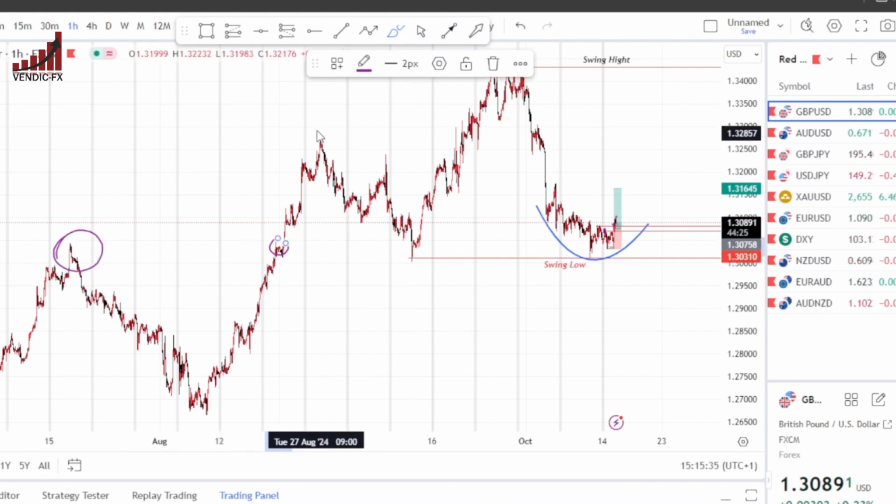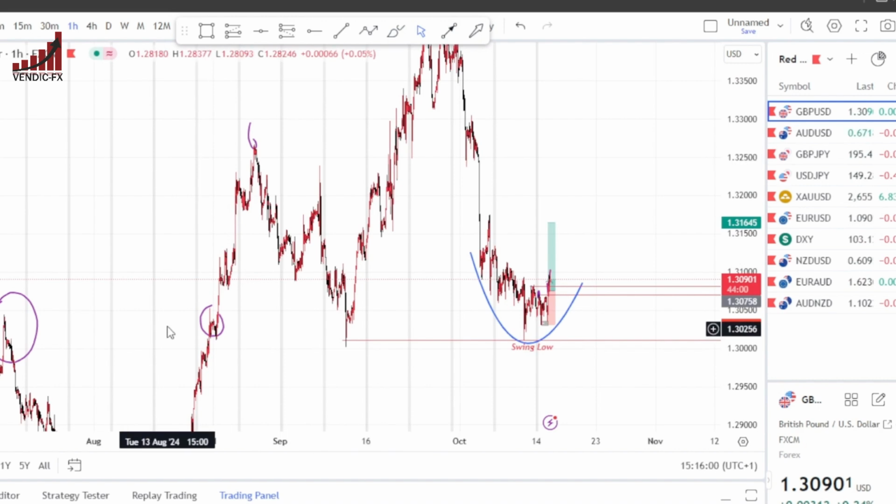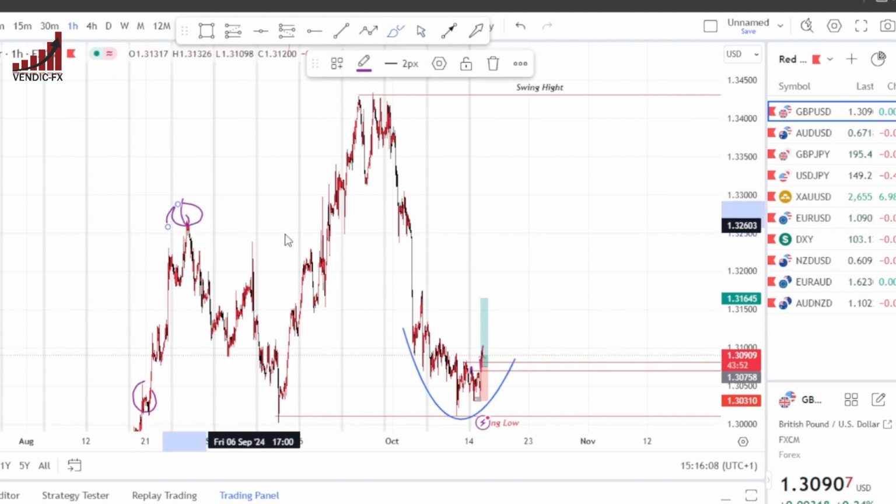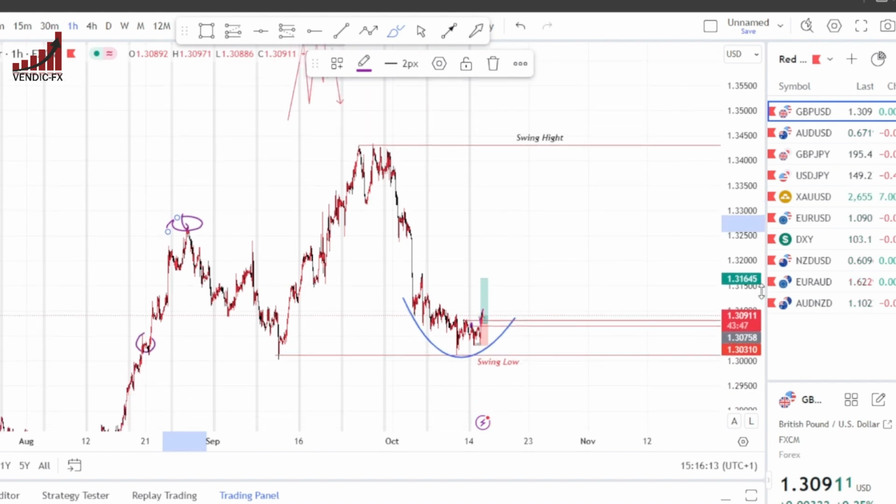At this point we create a new high, and a new high to here was our new trading range. We had a retracement, we bounced off of it, and then we created a new trading range. On the new trading range, we had another impulsive move where we broke above the previous swing high here, and we created another new trading range.